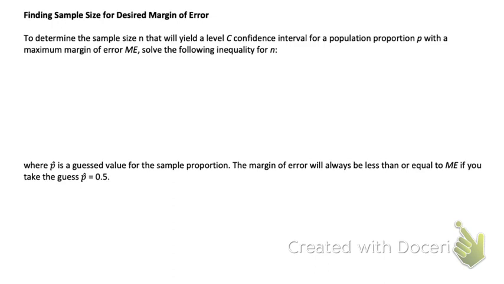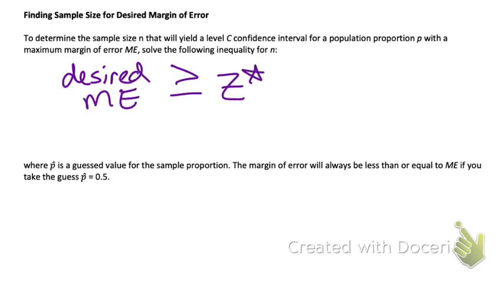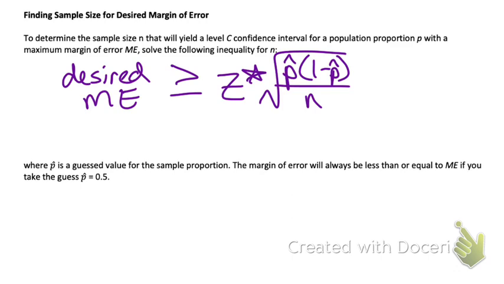So, our desired margin of error has to be greater than or equal to our z-star critical value times the square root of p hat (1 minus p hat) over n. For those of you who are keeping up, what is this part of the formula from our confidence interval?